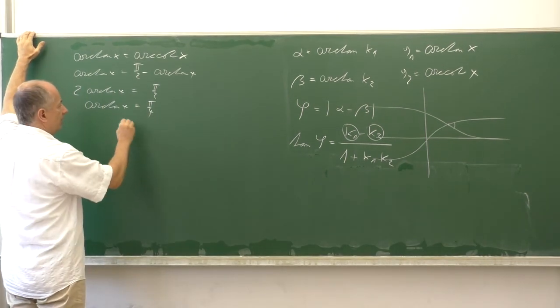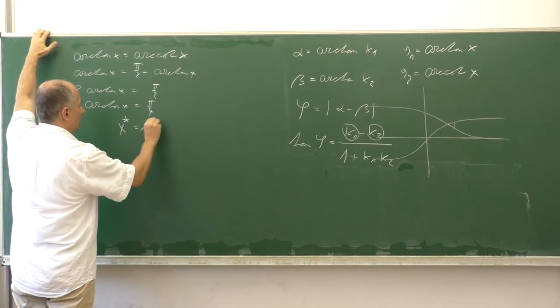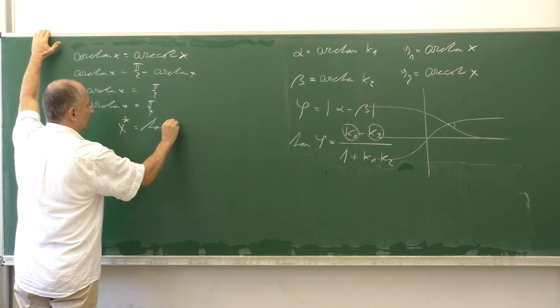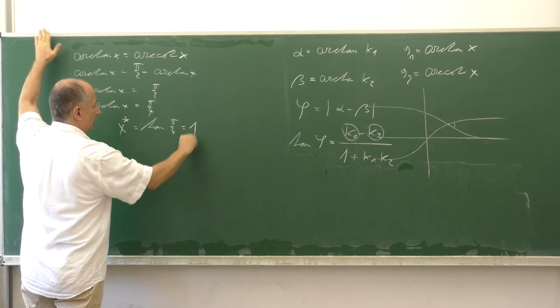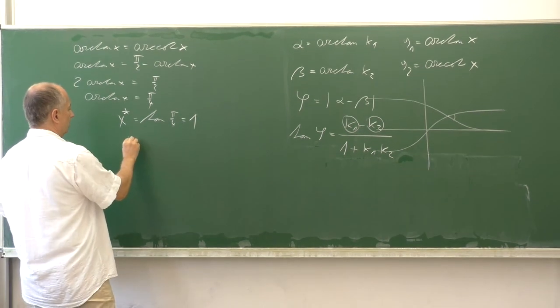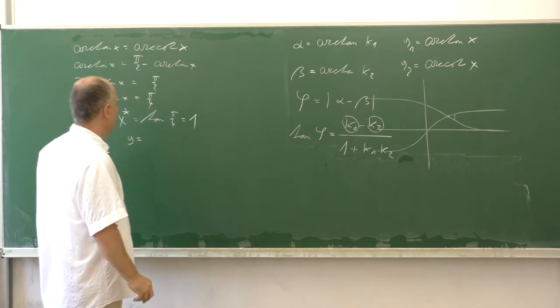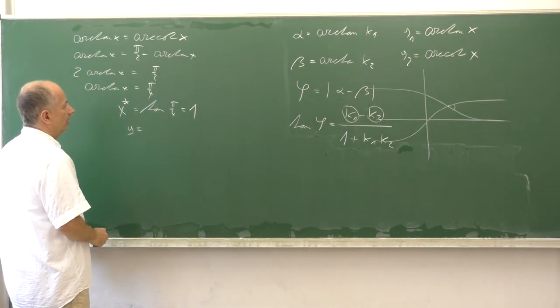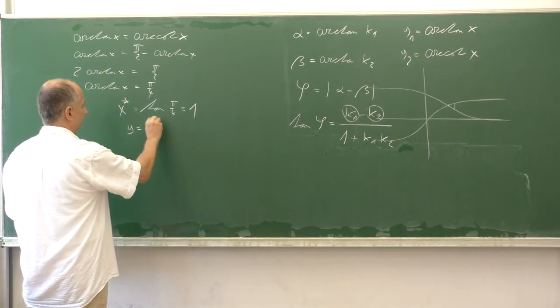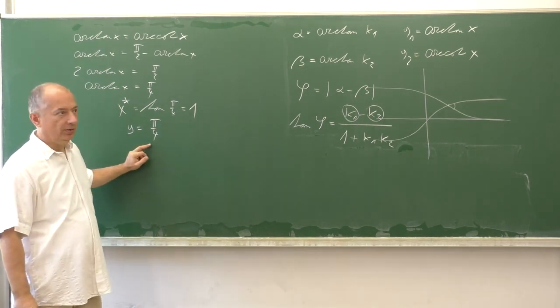So x star, the x coordinate of the intersection, will be tangent of pi over 4, which is 1. And then the y coordinate will be arctangent of 1, which is pi over 4, or 45 degrees, if you like.